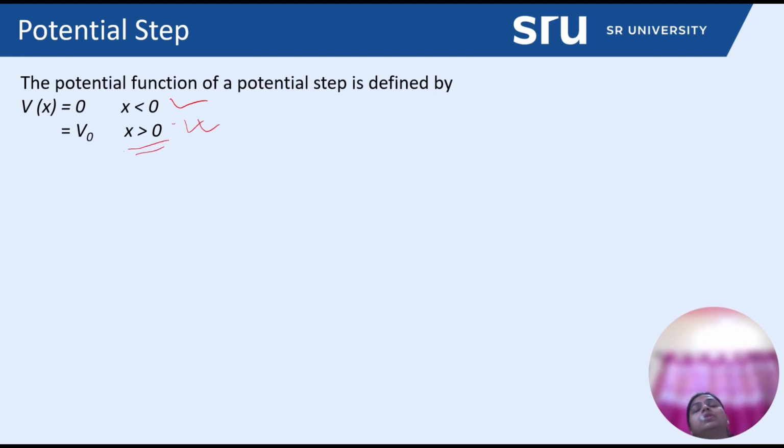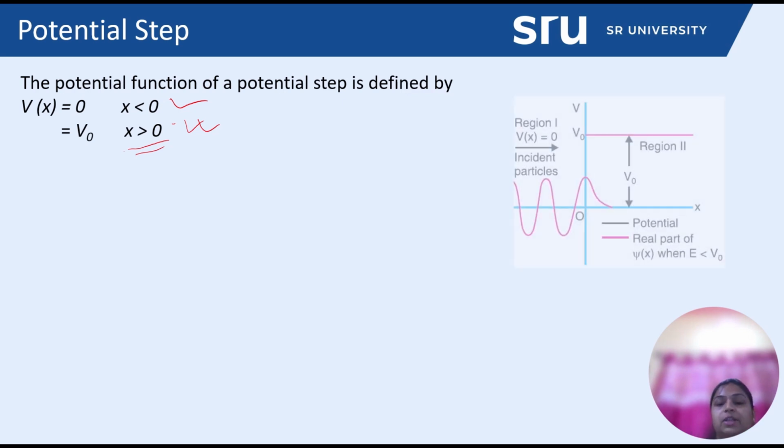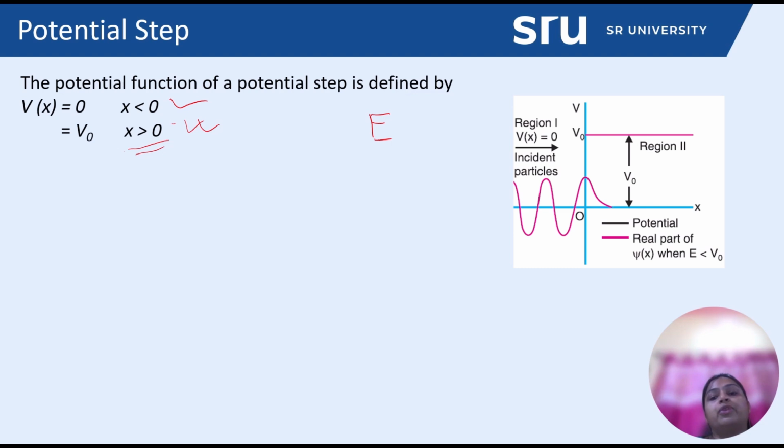Let us first define that electrons of energy E move from left to right, that is along the positive direction of the x-axis. It is desired to find the eigenfunction solutions of the time independent Schrodinger equation.